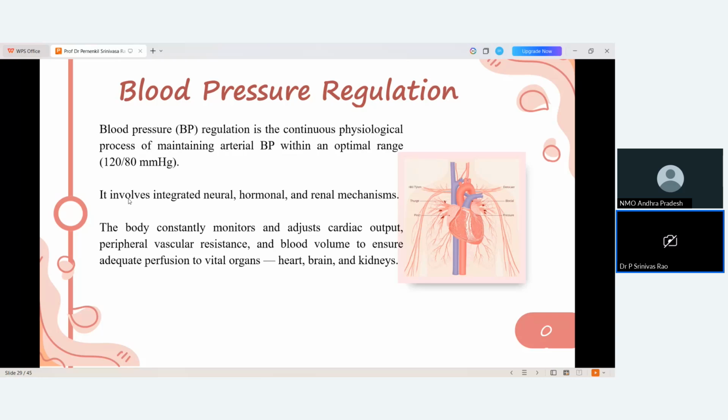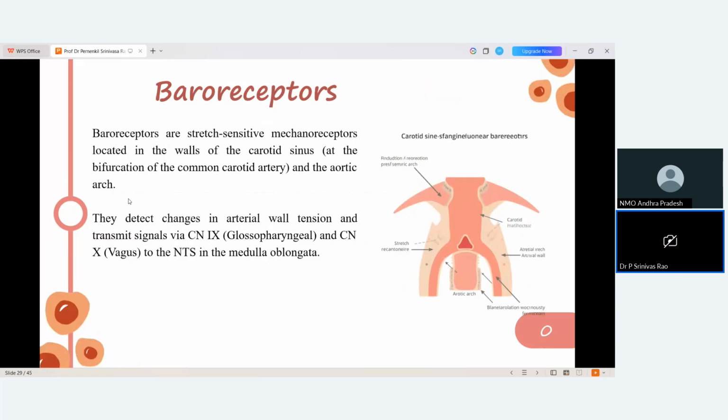The body constantly monitors and adjusts cardiac output, peripheral vascular resistance, and blood volume to ensure adequate perfusion to vital organs like the heart, brain, and kidneys. Whenever there is a decrease in blood volume, for example some hemorrhage, the heart rate will increase. Tachycardia is there. Also vasoconstriction will happen. All these are compensatory mechanisms.